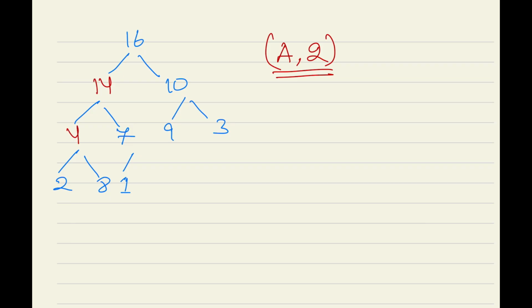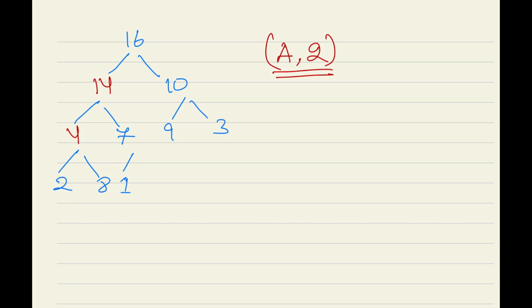After one exchange, we can check: when we put 4 here, this violates the Max-Heap property again, because the left child is 2, the right child is 8, and this parent has less value than its right child. So again we will swap here.